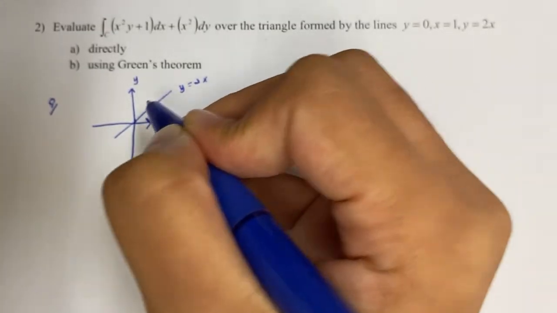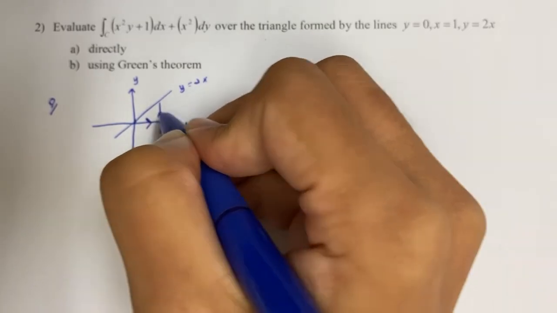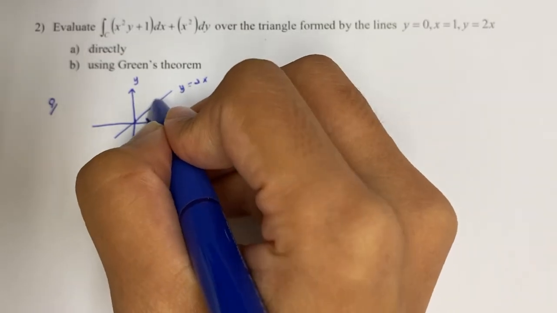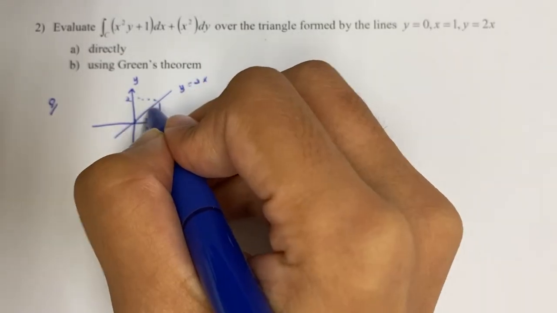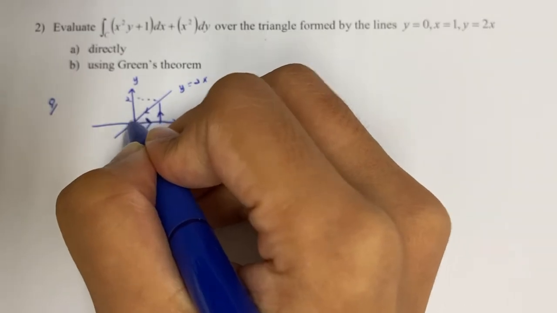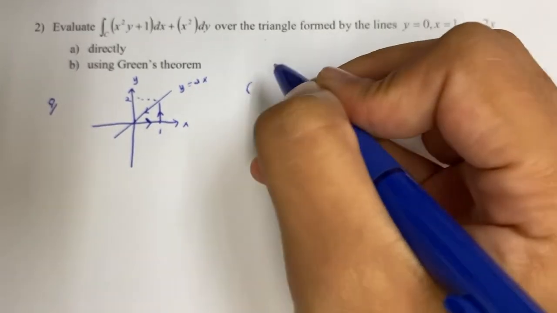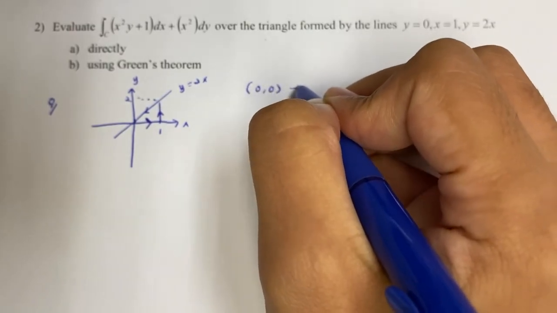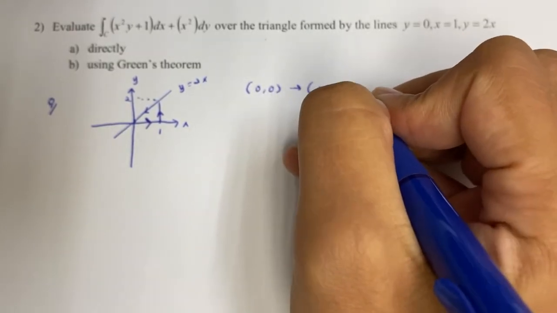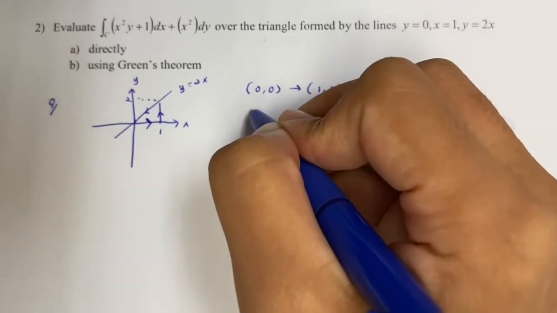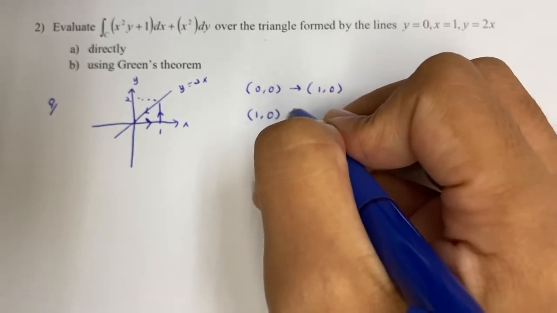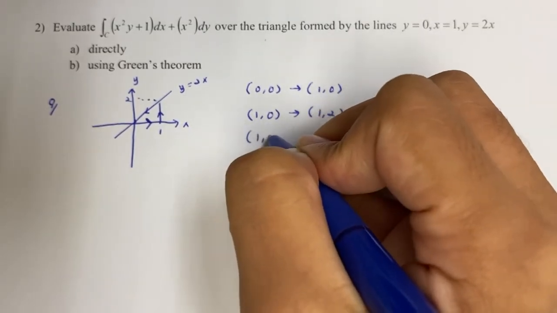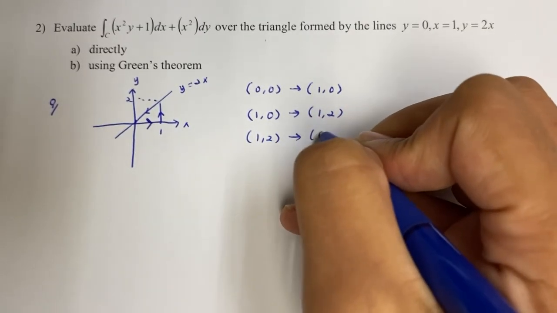I mean it moved from 0,0 to 1,0, and then from 1,0 to 1,2, and then from 1,2 to 0,0. So we have from 0,0 move to 1,0, and then from 1,0 we have 3 segments, 1,0 to 1,2, and last from 1,2 it moved to 0,0.